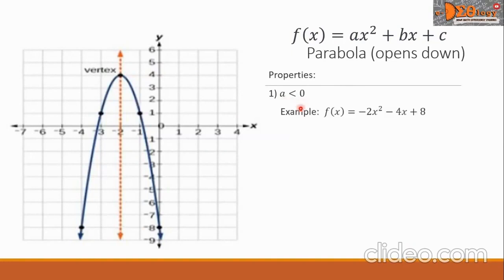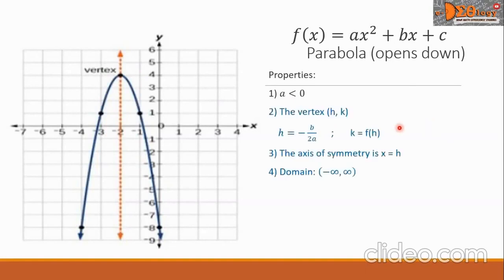A while ago, we have an example f(x) = -2x² - 4x + 8. We can see here that the value a, the coefficient of x squared, is negative 2. We can say immediately that the graph of this function is a parabola that opens downward.